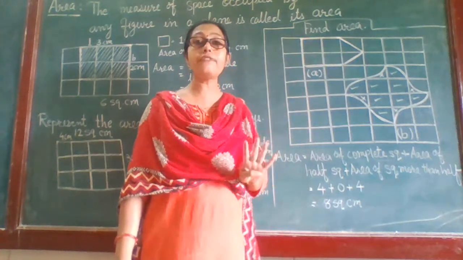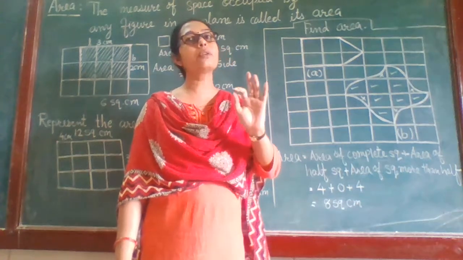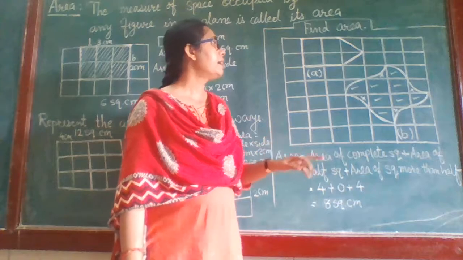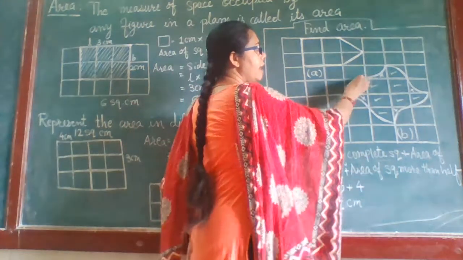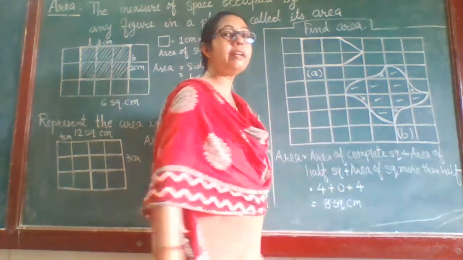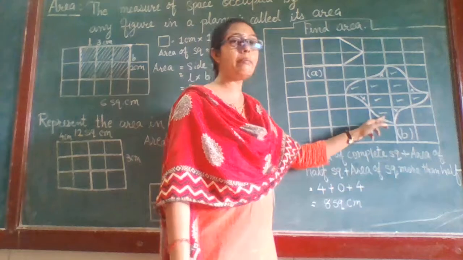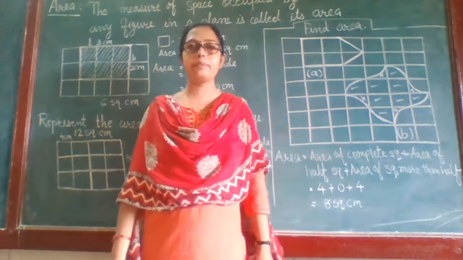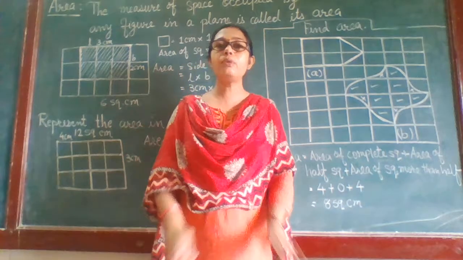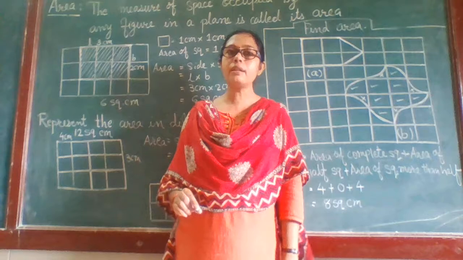If 4 half squares, then 4 divided by 2 is equal to 2. Then if it occupies more than half square, we have to consider them as full square. And if they occupy less than half, we have not to consider them, we have not to count them.